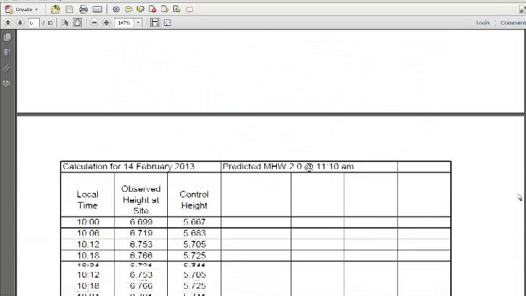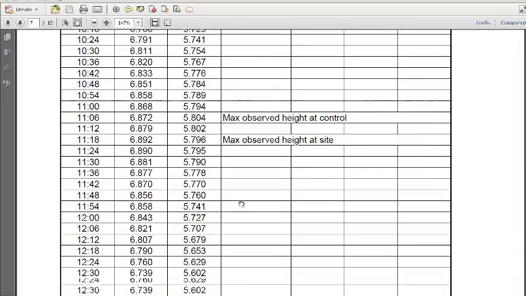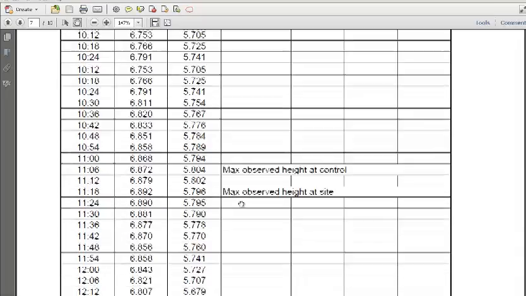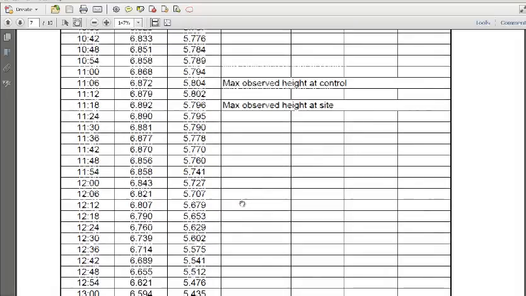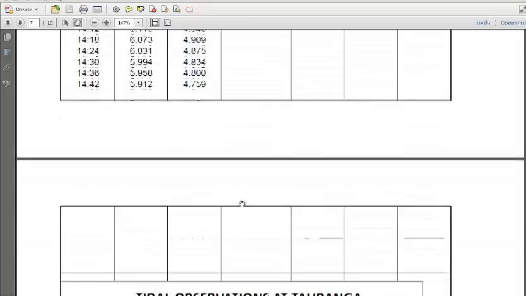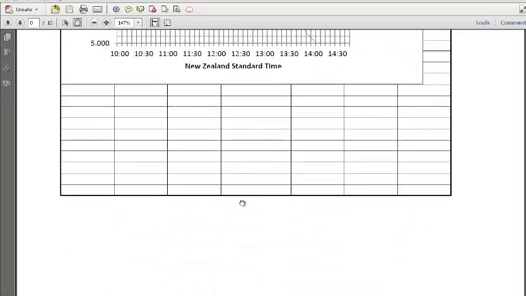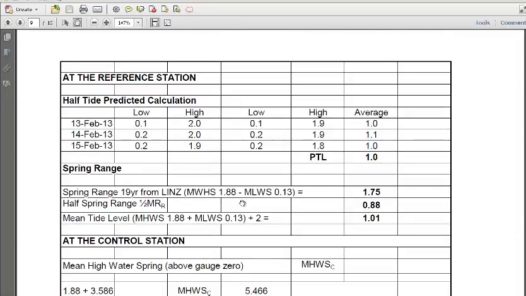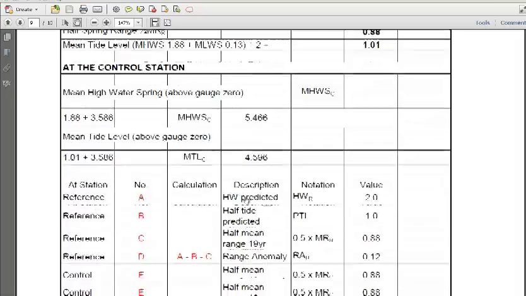The next thing we have to do is to look at the same thing for the next calculation. So away we go. We should now be quite familiar with the data. Here's our scaling again. Down to our calculation, we follow through exactly the same process. There's nothing terribly different at all.